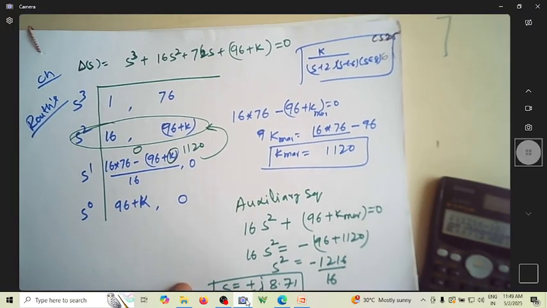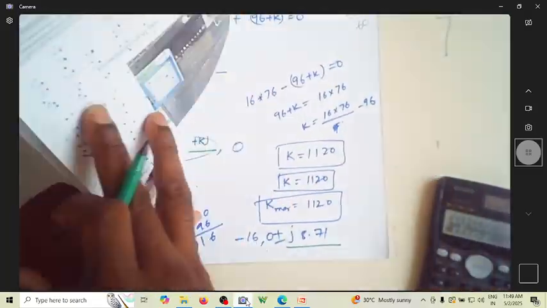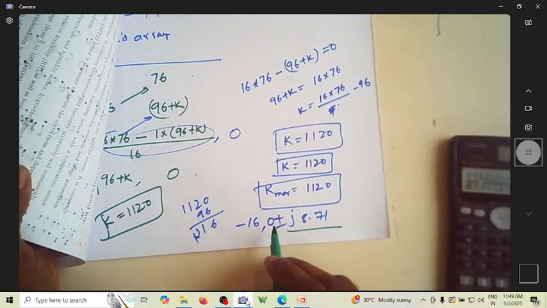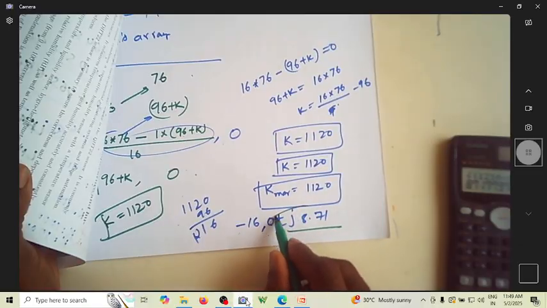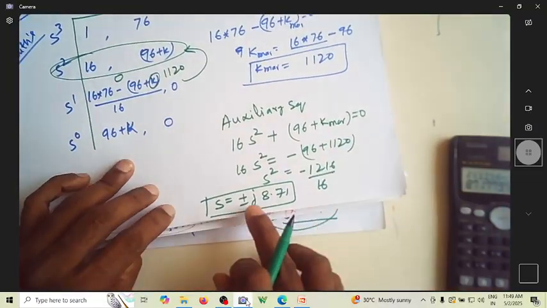You can see this is the same value we got in the previous video when we found the roots using a calculator. We got one of the roots as 8.71, which we got here also.